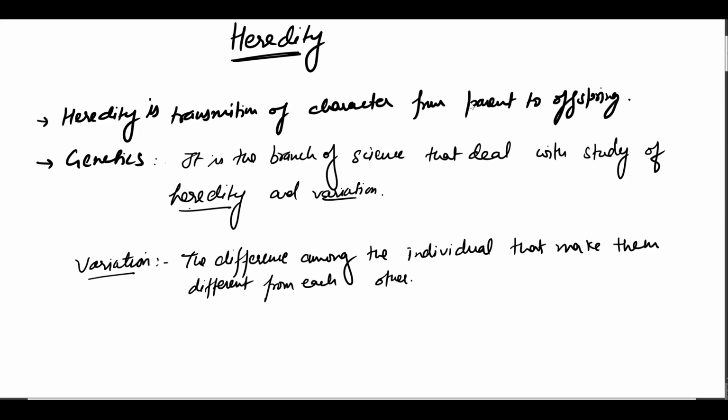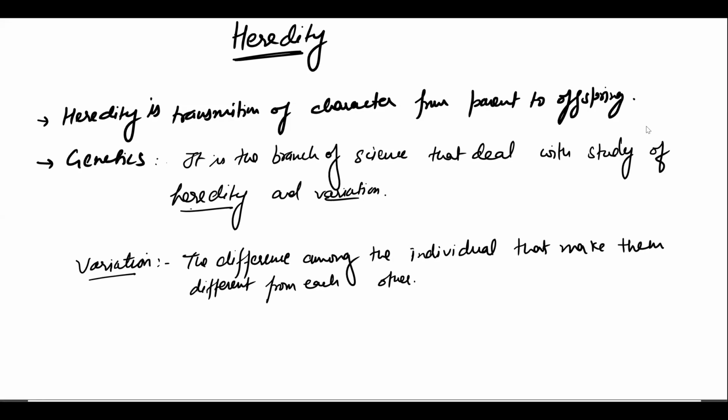Okay, let's start. So what I'm going to discuss today is heredity, which means transmission of characters from parents to offspring. Heredity in the evolution chapter we are going to start today.